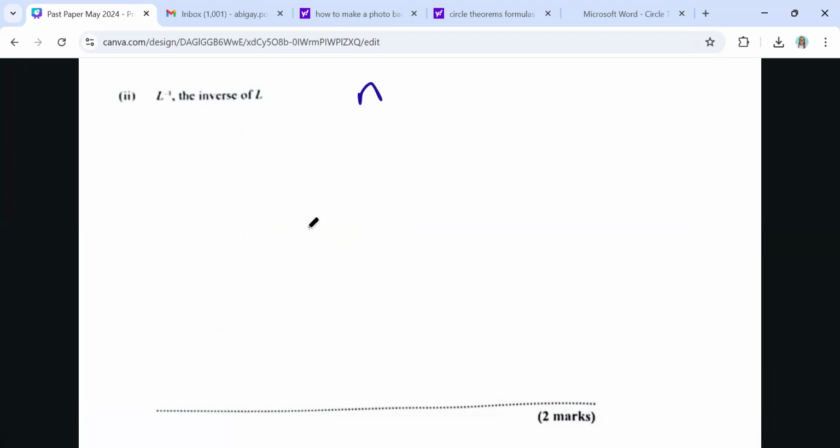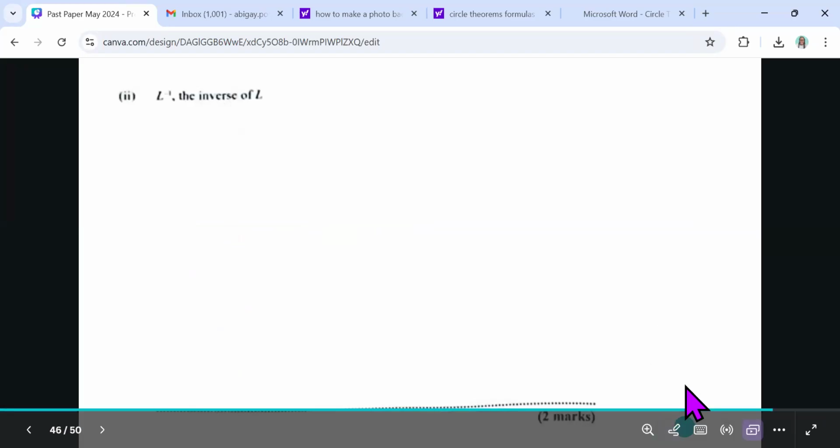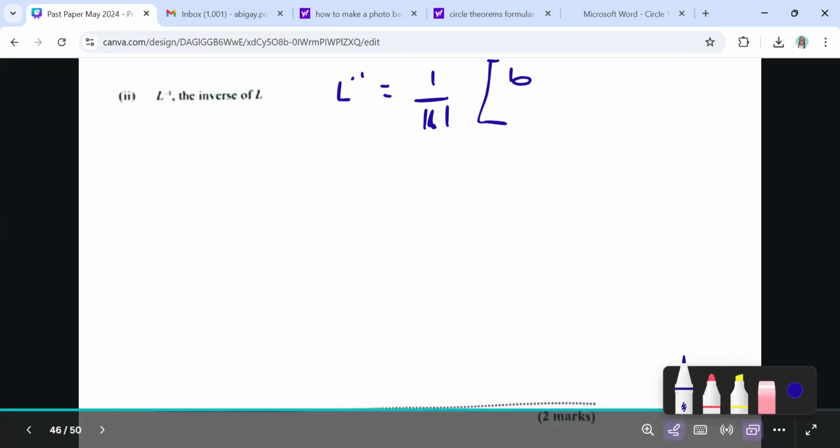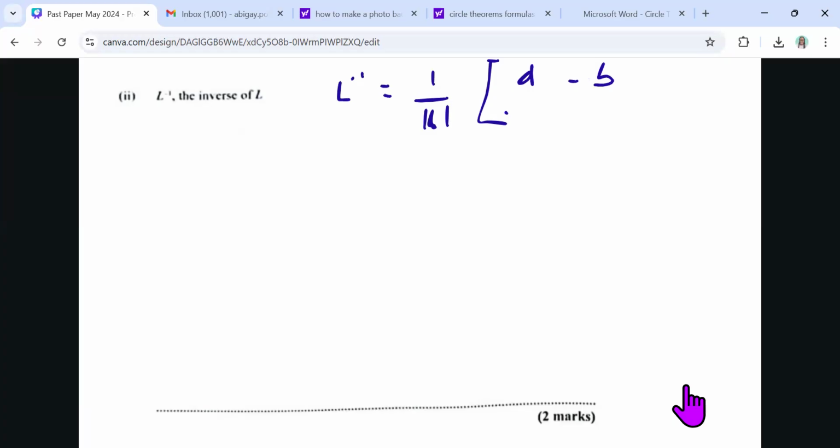The formula for L inverse should look like this: L inverse should look like 1 over the determinant of L, times D, negative B, negative C, and A.